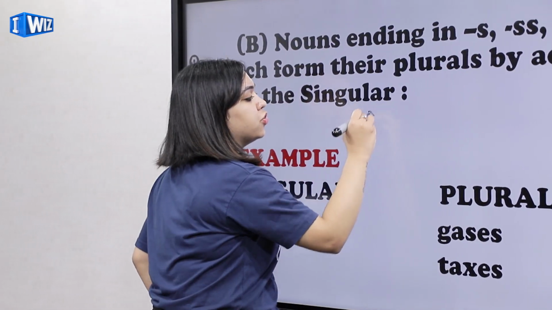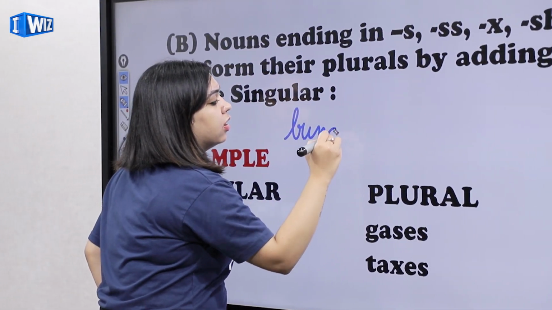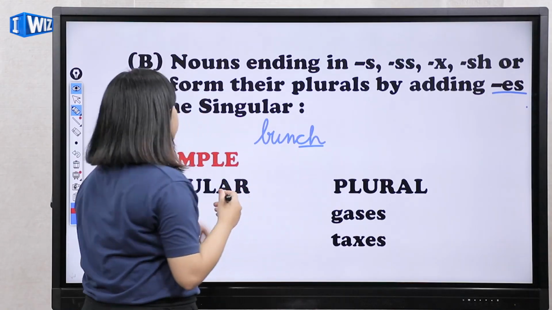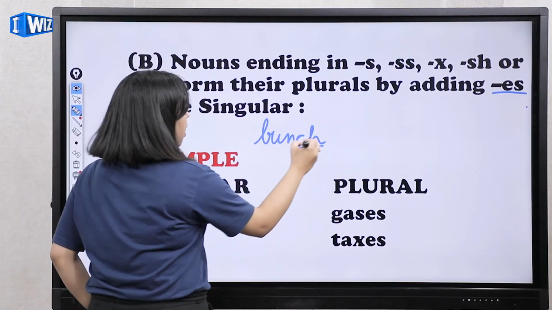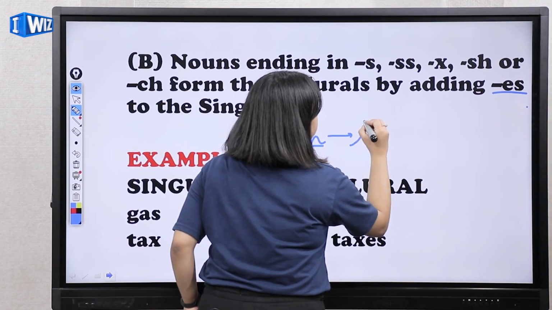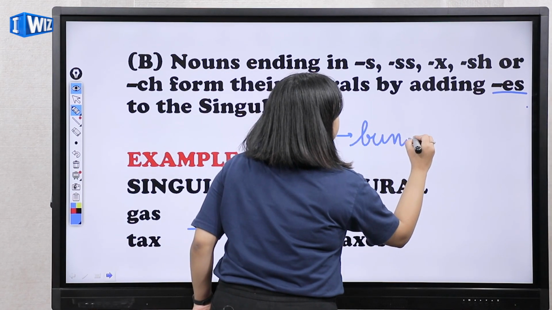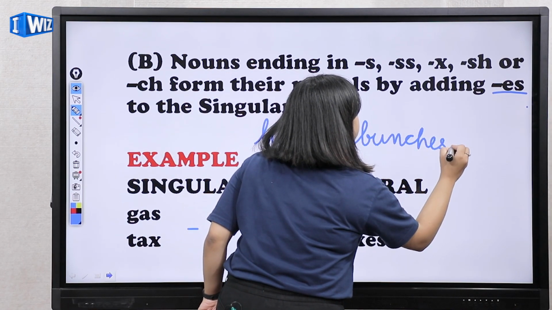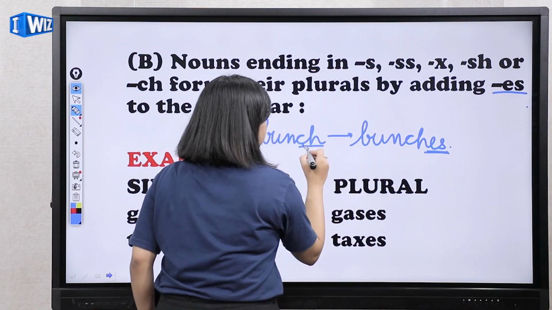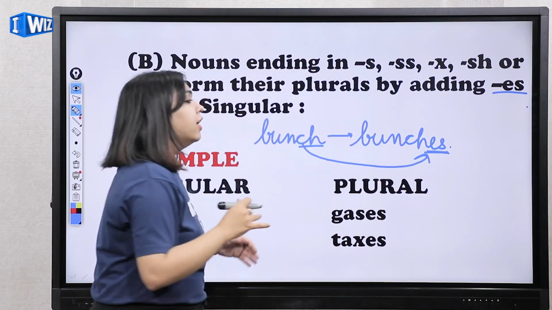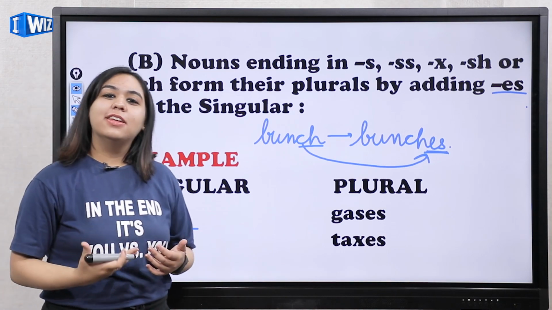The word is bunch. It's a word that is ending with ch. If I make the plural of it, it will be bunches. So what did I do? I simply added es to it in order to make it plural.